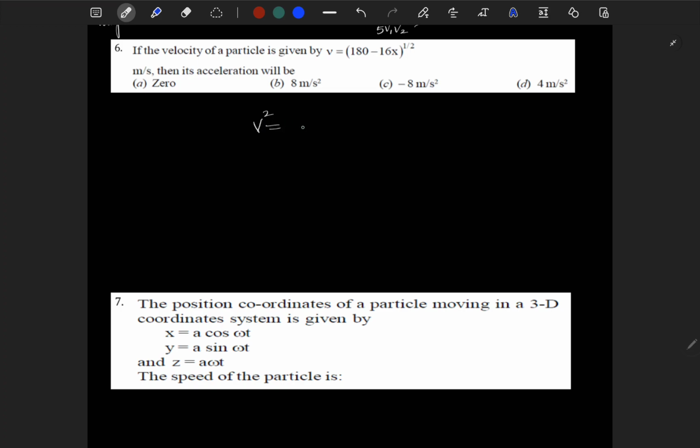So you can actually write it as v square is equal to 180 minus 16x. Also you can write this as v square minus 180 is equal to minus 16x. I am rewriting this in terms of a standard equation, which is v square minus u square equal to 2as.